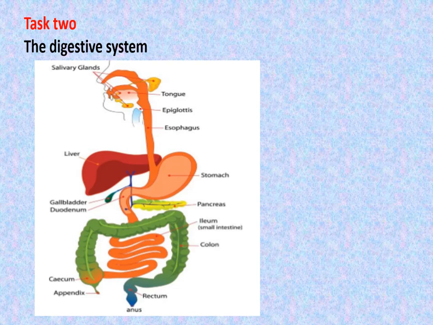Please, as you're seeing them there, take time to find out the different uses of those parts of the digestive system. We have the colon, rectum, anus, appendix, small intestine, and all that. You're wondering, oh my God, English digestive system. Yes, we are there. Let us continue.